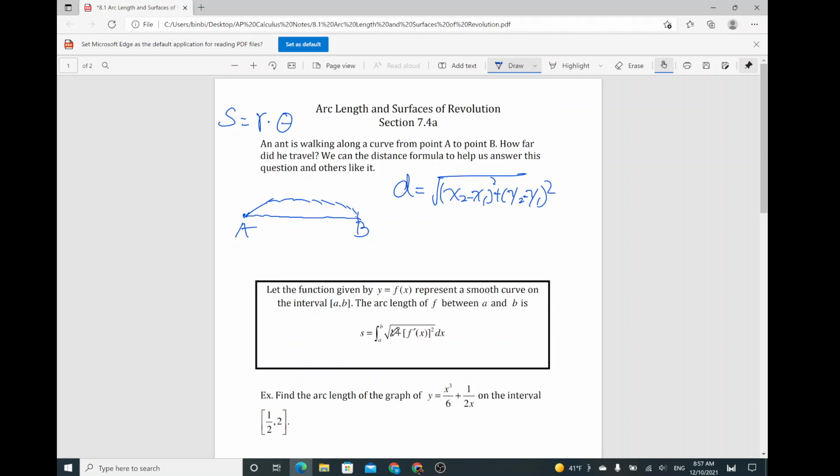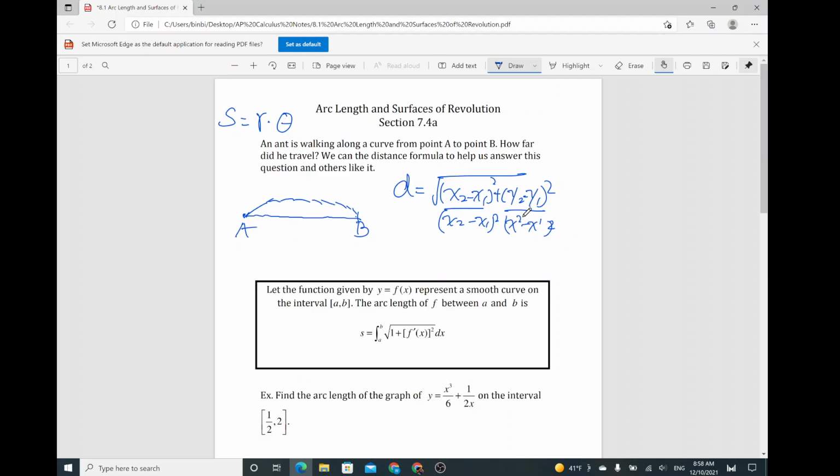If you compare the integrand with the distance formula, they are quite similar. The (y2 minus y1) quantity squared can be considered the differential. Let's divide both sides by (x2 minus x1) quantity squared, inside the radical.